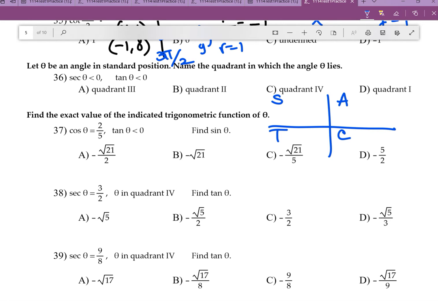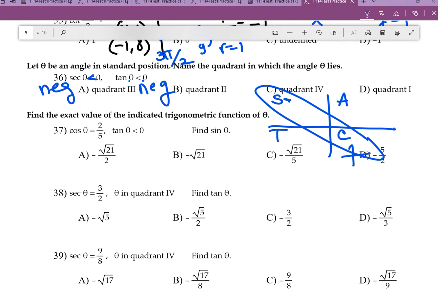In this case, they're telling me that the secant is negative, and the tan is also negative. So I know that tan is negative in these two quadrants. Now, the question is which one? Secant is the opposite of cosine, but cosine is positive here, so this has to be the quadrant.